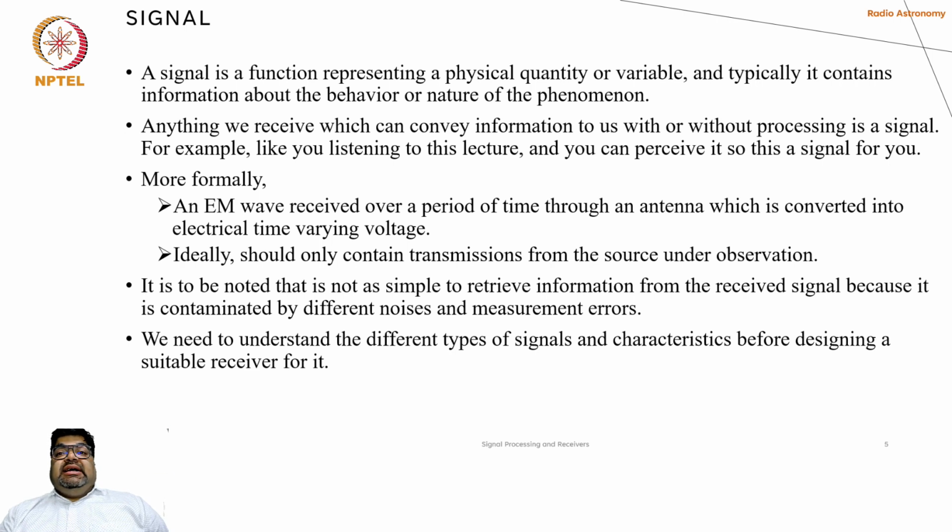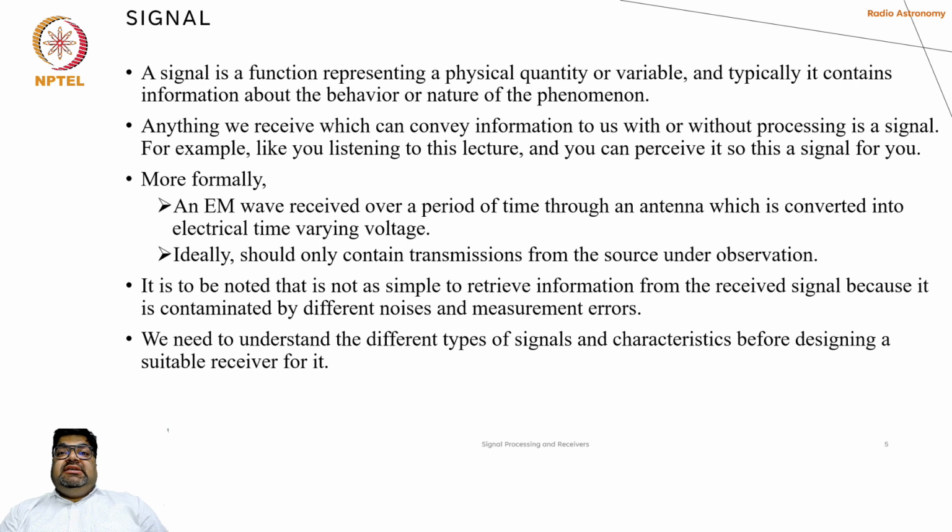Suppose the spectral line is at 1.4 gigahertz. We need to design a telescope which will operate at 1.4 gigahertz and not 2 gigahertz. Similarly, we know that synchrotron radiation becomes stronger and stronger at lower frequencies, so we need to collect that at a lower frequency.